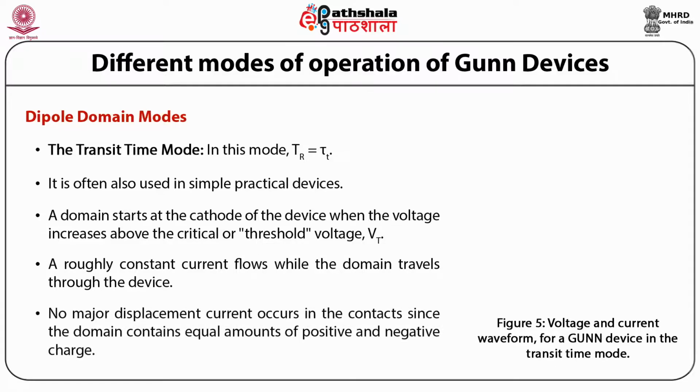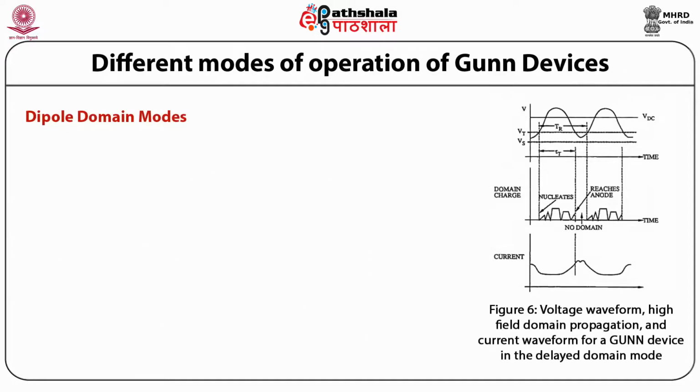So no major displacement current occurs in the contacts, since the domain contains equal amounts of positive and negative charge.